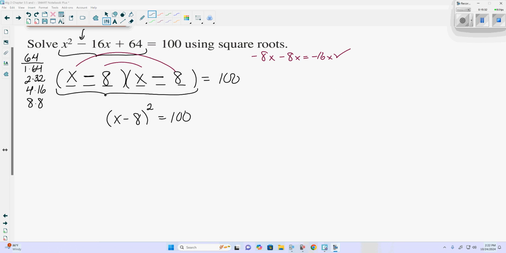If I take the square root of both sides at this point, on the left-hand side, the square root and square would cancel. That leaves us with x minus 8 is equal to plus or minus the square root of 100, which is 10.